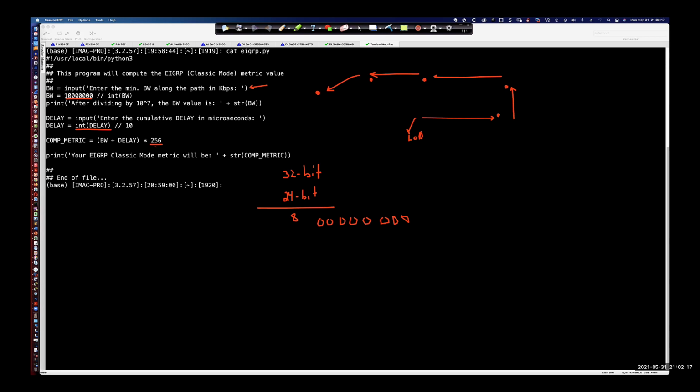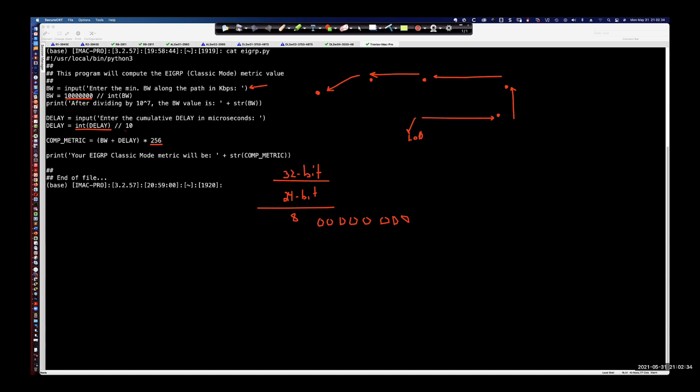And that's why I say 32-bit, and IGRP was 24-bit. So that 8-bit difference, we go ahead and multiply by 256, because remember, again, this equation came from IGRP.